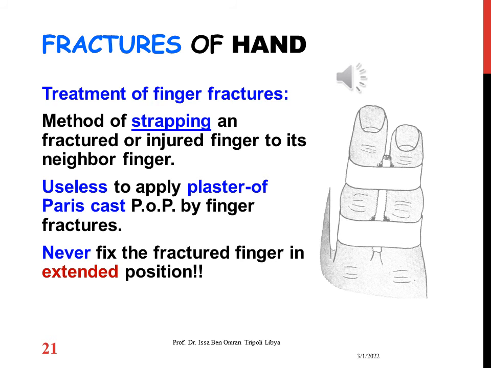This is not correct. Another failure is the fixation of the finger in plaster in extended position. Never fix the fractured finger in extended position, otherwise you will have problems mobilizing the finger later, after 1 or 2 months. This is a common failure.